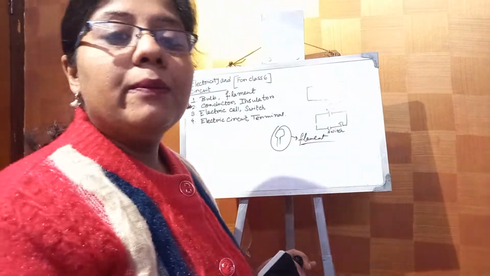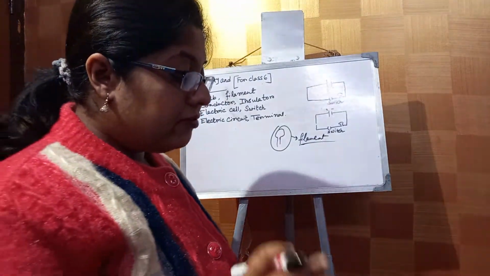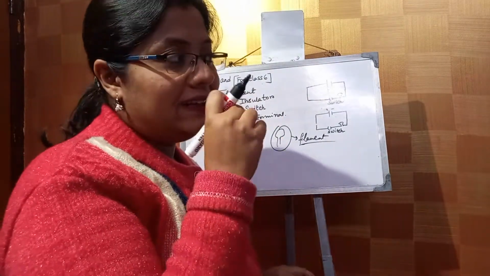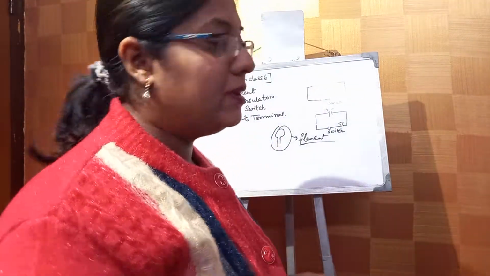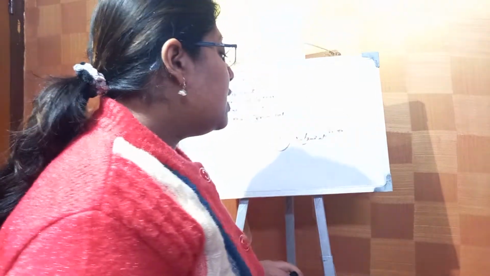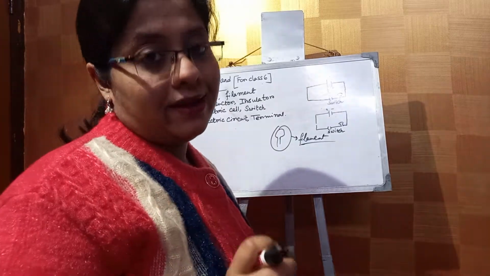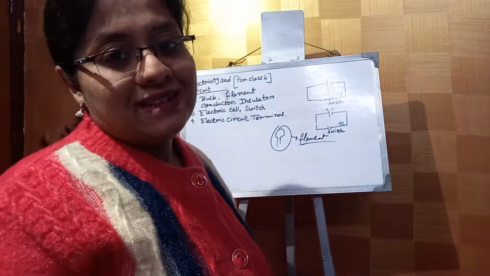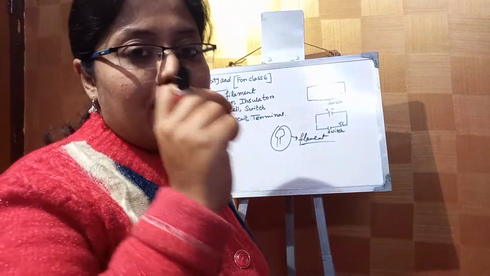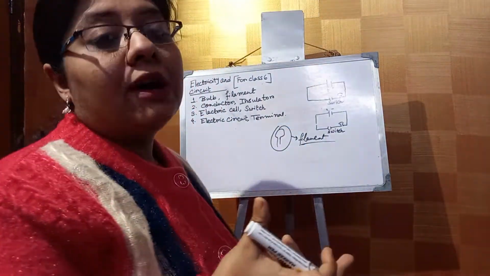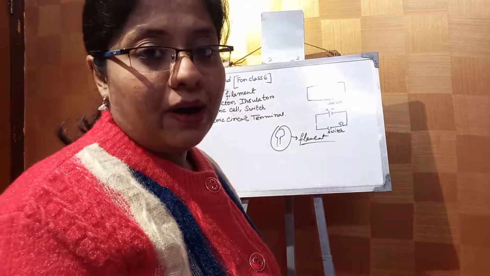Filament bulb. What is a filament bulb? Actually, the filament bulb we used in earlier days. Not earlier days, now also you can get the filament bulb in the market. There is one small thin tiny wire called the filament present inside the bulb. That kind of bulb is called a filament bulb.